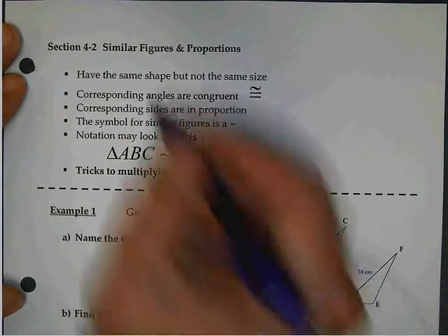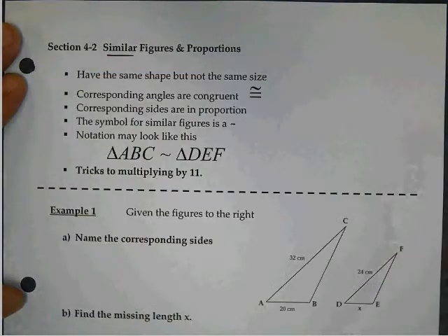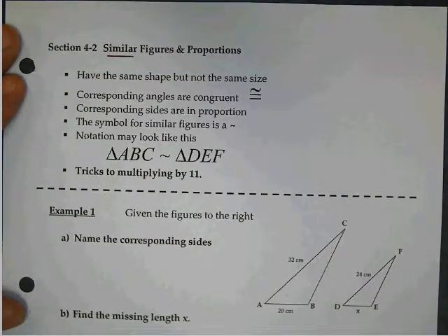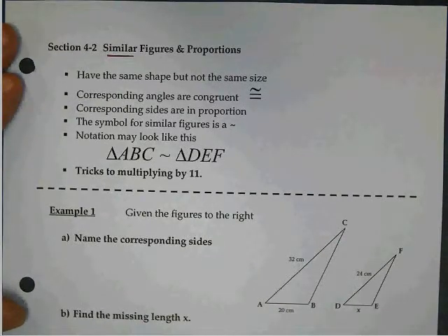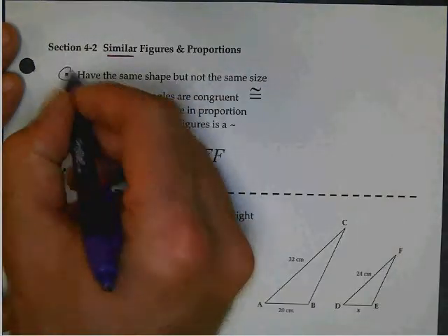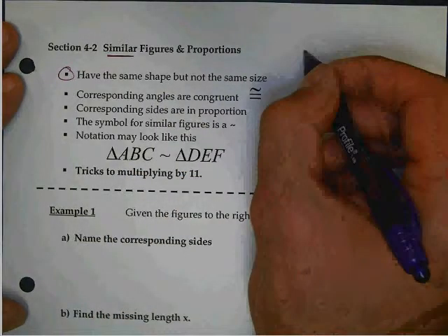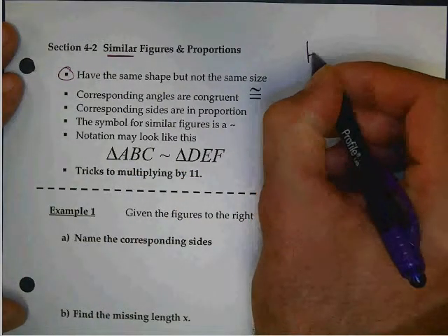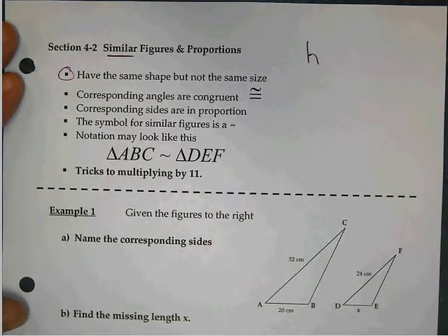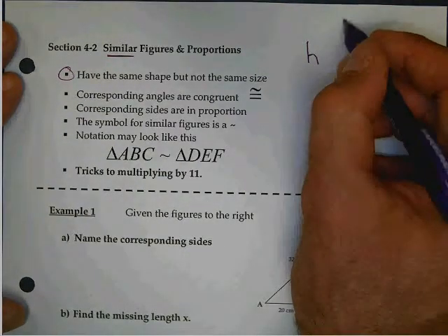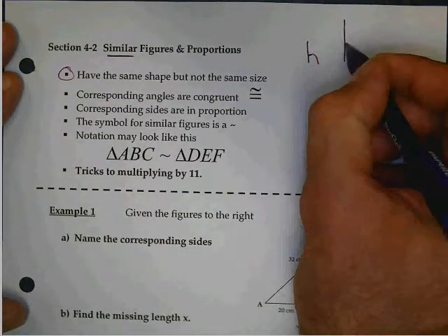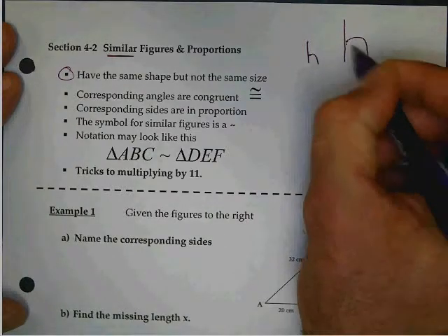Couple terms. Look at them here at the title. First term is similar. I gave you a definition right here in point 1. They have the same shape, but not the same size. So, for example, I draw an H. If I'm going to draw an H that's similar, it's going to have the same shape, but it's just going to be a little bit bigger.